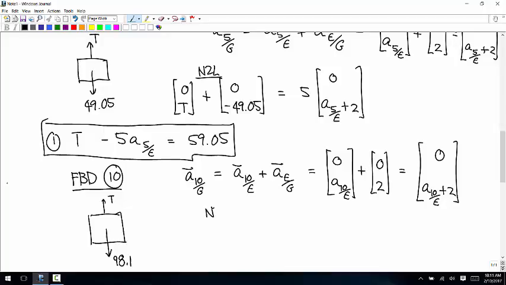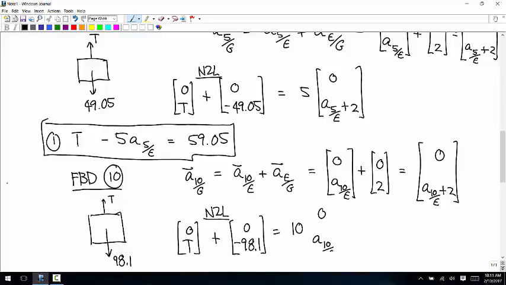And then Newton's second law says 0, T plus 0, negative 98.1 is equal to 10 times the vector 0, A10 relative to the elevator plus 2.